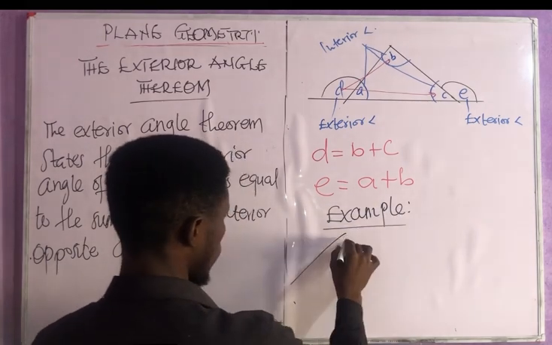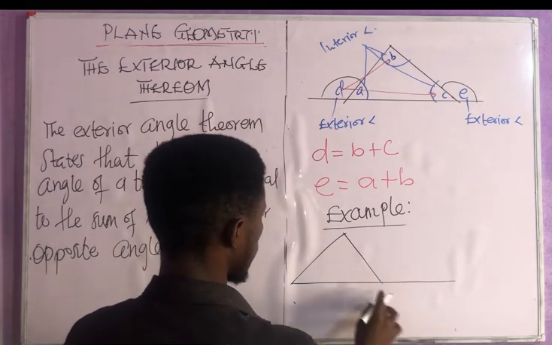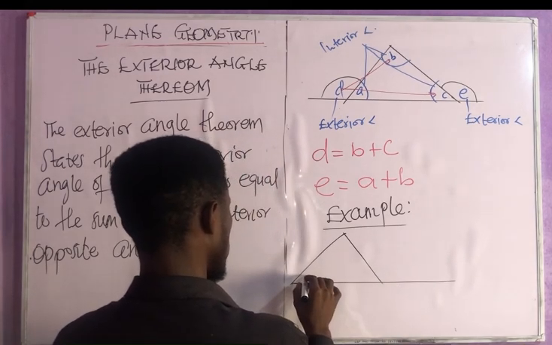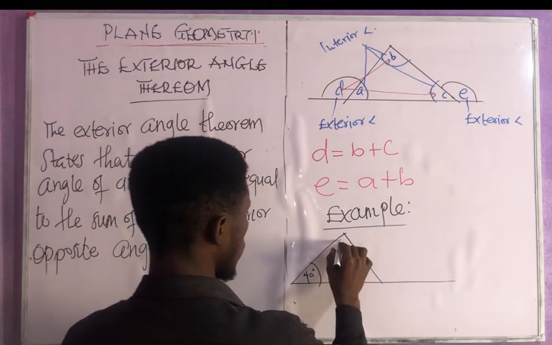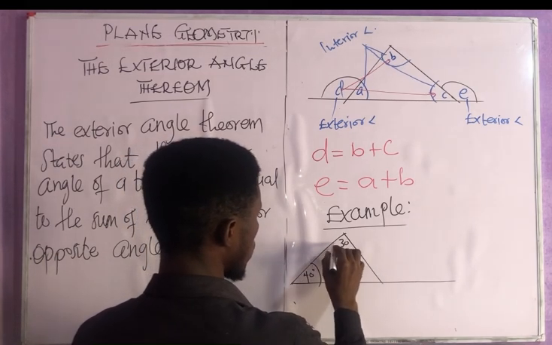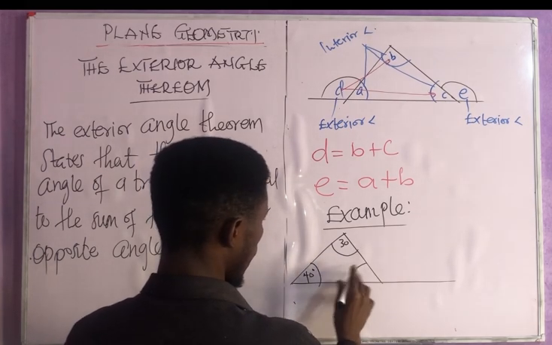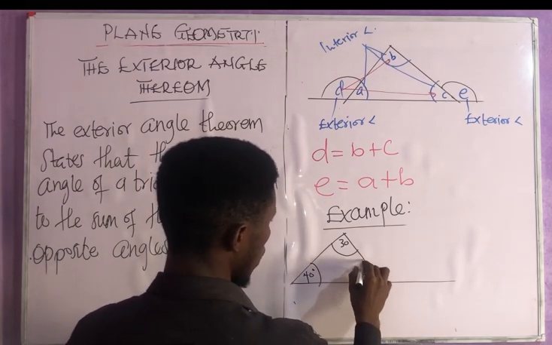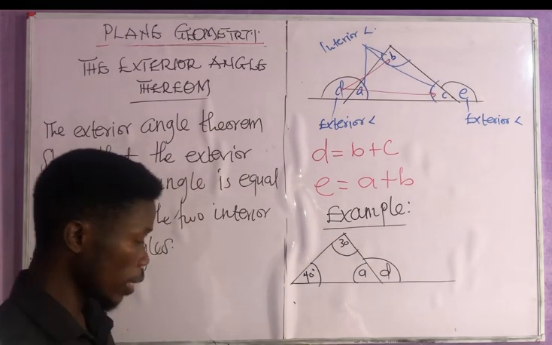So let's say I have a triangle like this. Here is 40 degrees. Here is 30 degrees. And here is, okay, A. And this side too is D. Now I have something like this.